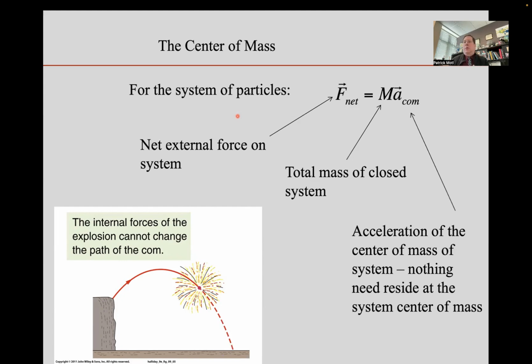And so we could split the motion into how does the center of mass frame of reference accelerate due to external forces? And then we could deal with internal forces, which give rise to conservation of momentum and motion in the center of mass frame.